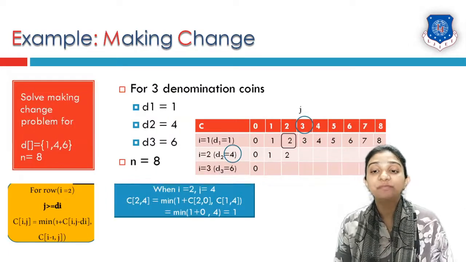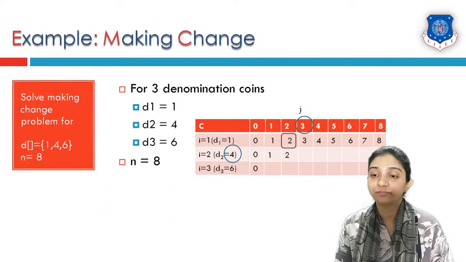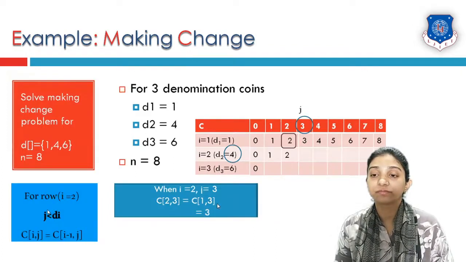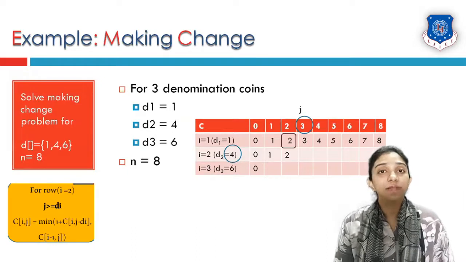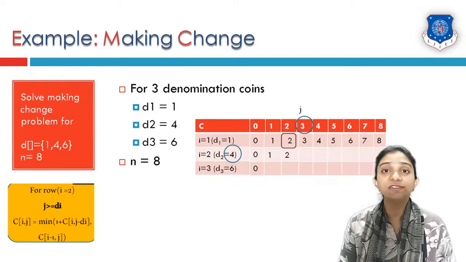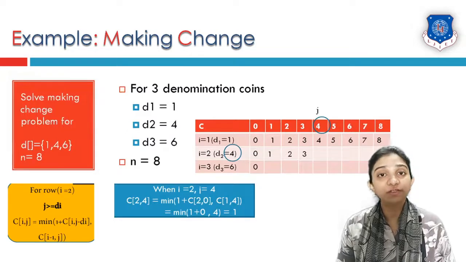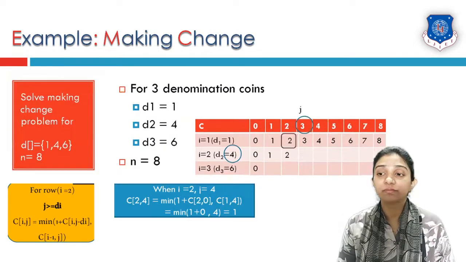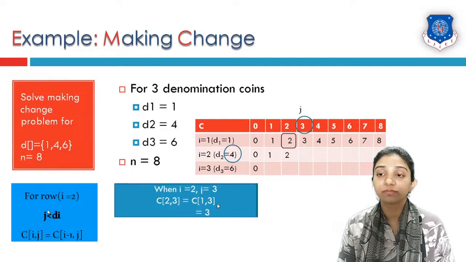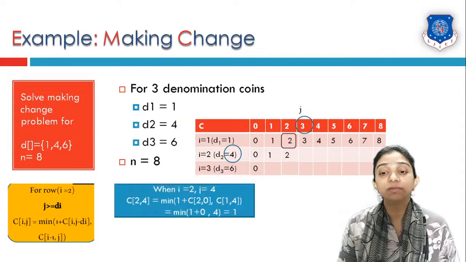For row 2, whenever your column number is greater than or equal to di, now for the second row, for row 2, cell number 3.